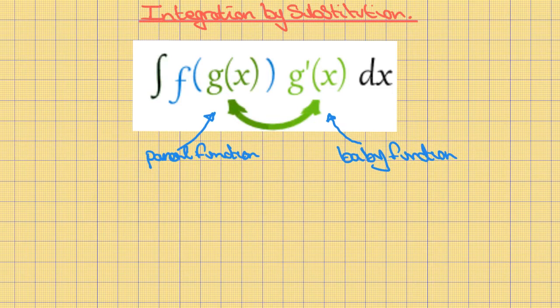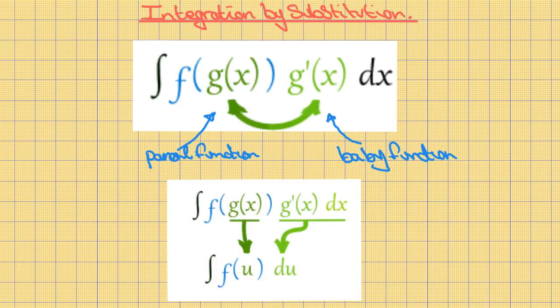You put the parent function equal to u and differentiate it to get the baby function. You then have a new function in terms of u and du that is easily integrated.